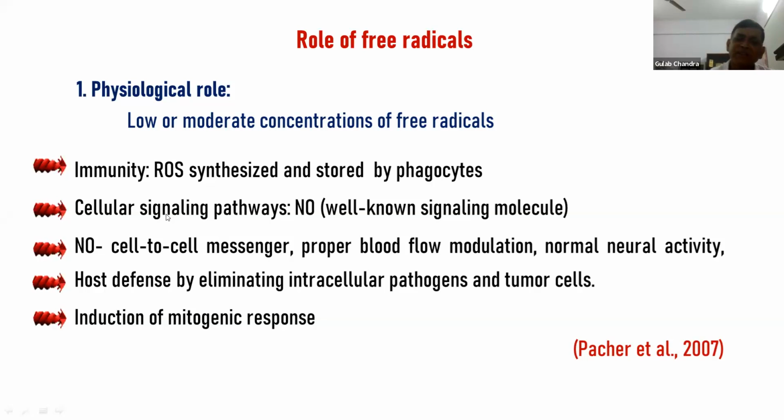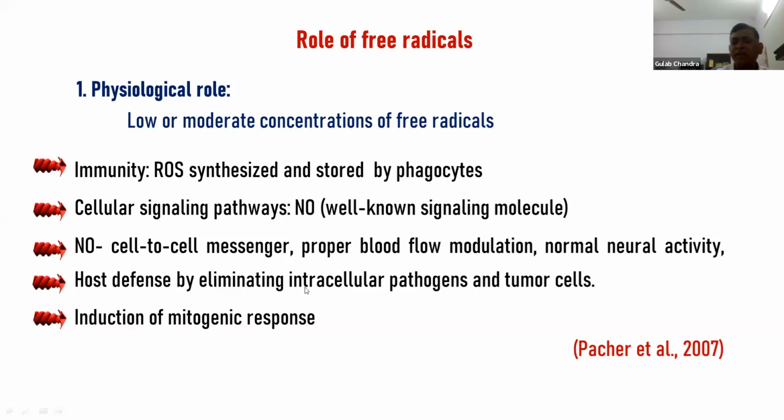This not only improves immunity, it also causes cellular signaling. Cellular signaling means cells communicate with one another through free radicals. Nitric oxide is a cell to cell messenger, involved in proper blood flow modulation and normal neural activity, and also in defense by eliminating intracellular pathogens.